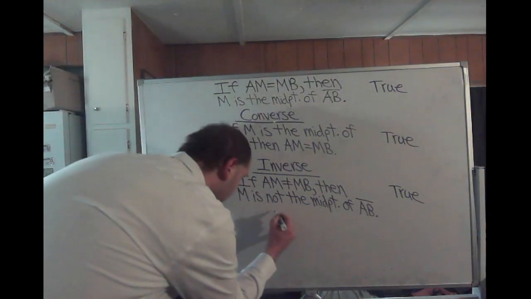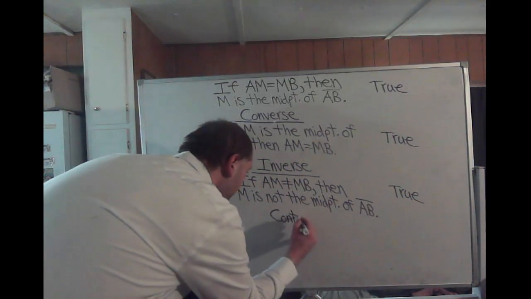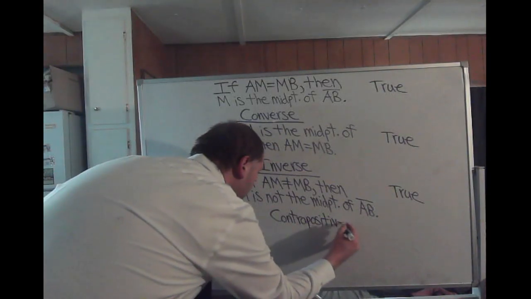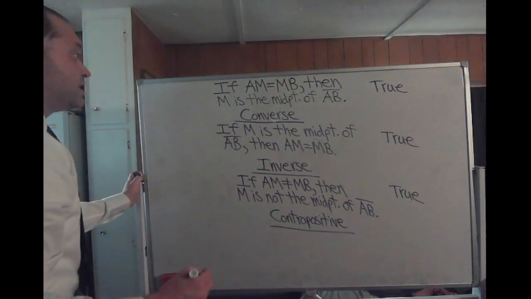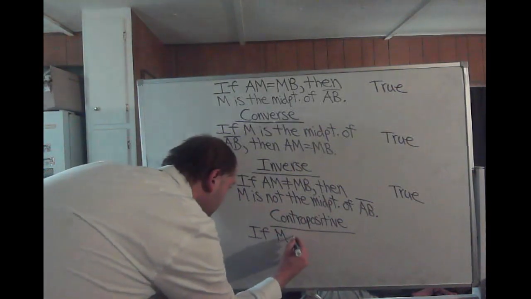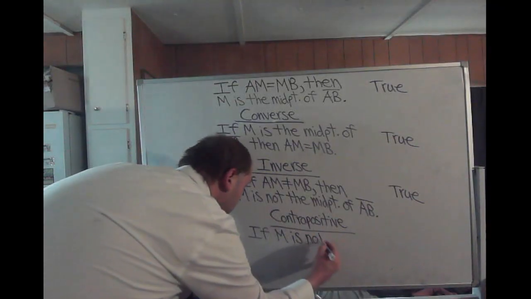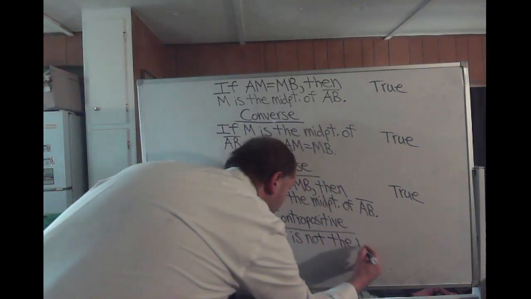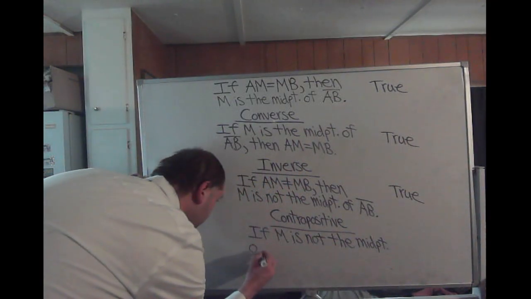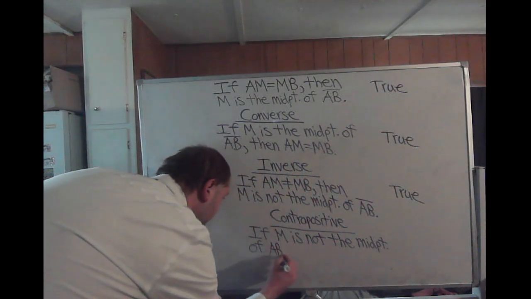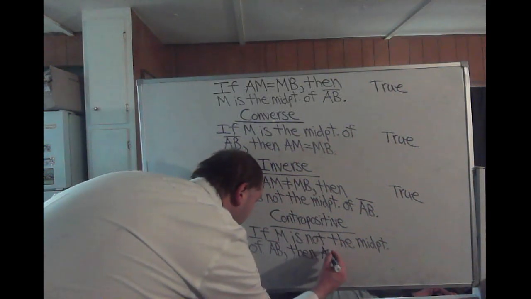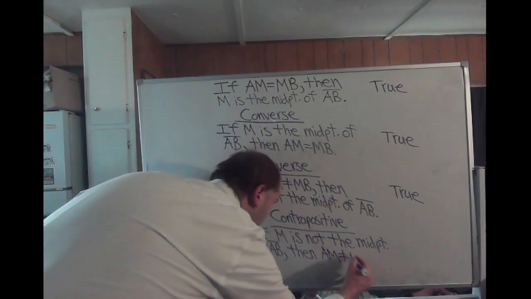Now, how about the contrapositive? What would that say? The contrapositive would state that if M is not the midpoint of segment AB, then AM does not equal MB.